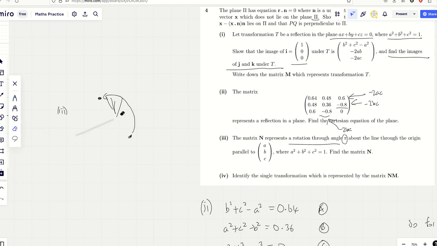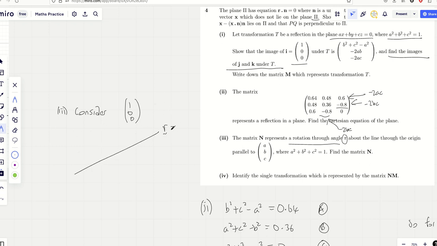So I used a very similar approach to what I used in part 2. I said, okay, let's consider just 1, 0, 0, because I'm happy working that out, and then I can just use symmetry for 0, 1, 0, and 0, 0, 1. If you're trying to reflect that in a line, and we know our equation of the line is, say, lambda a, b, c, you need to make sure that you're finding a line perpendicular to that line.